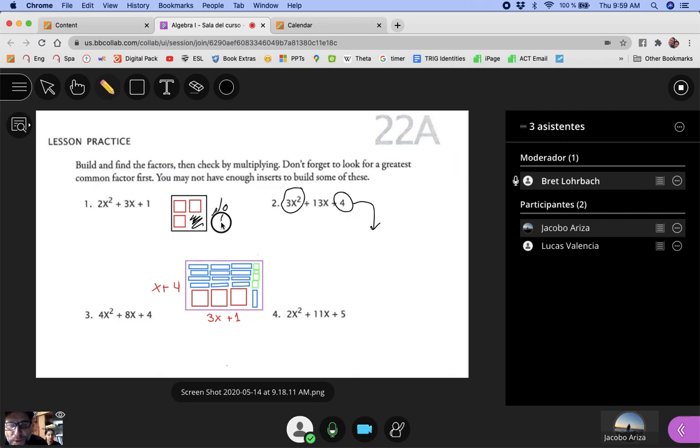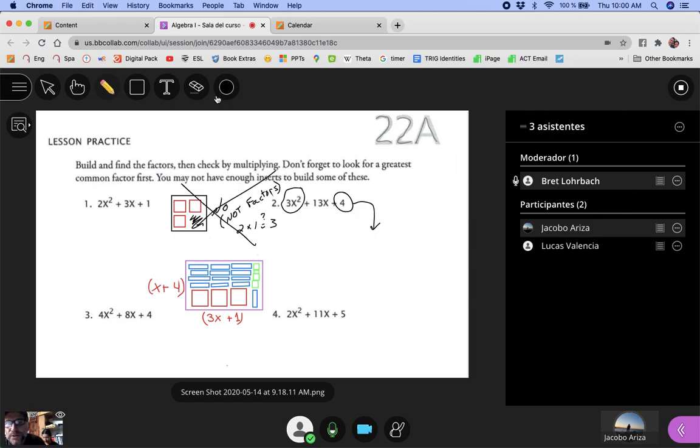That means it's supposed to show you that these are not factors. We are looking for factors. And remember, factors are rows and columns that form rectangles. You cannot multiply 2 times 1. What are the rows and columns? No, you cannot do this.